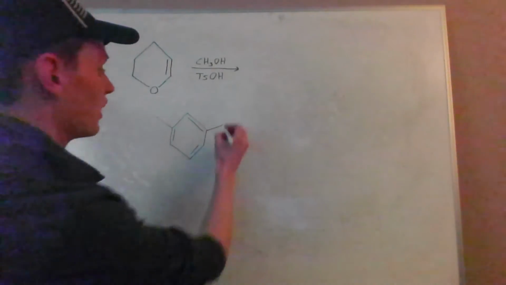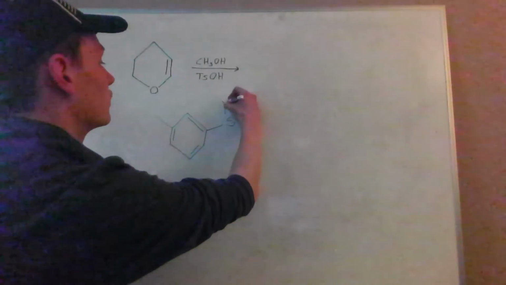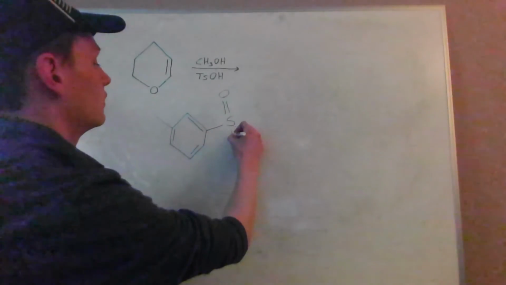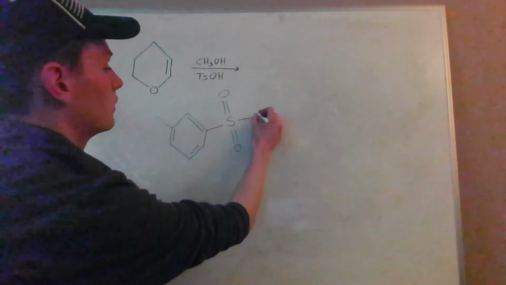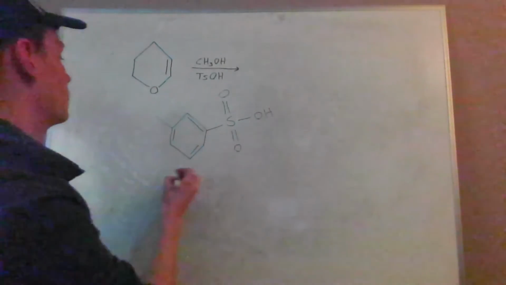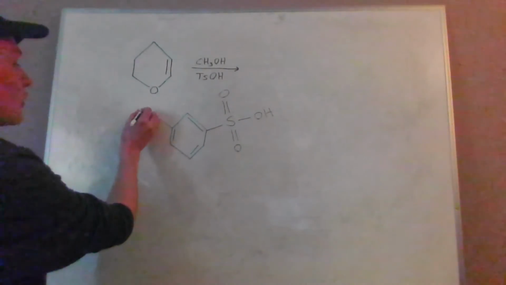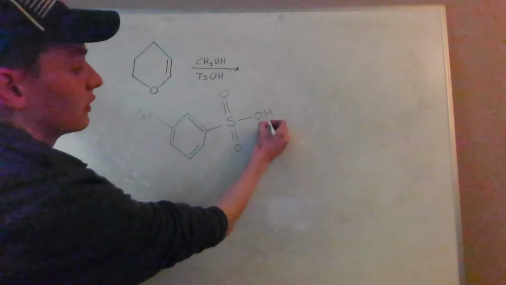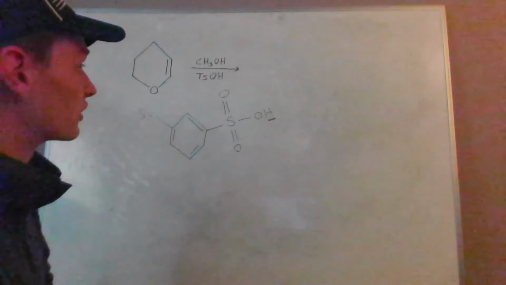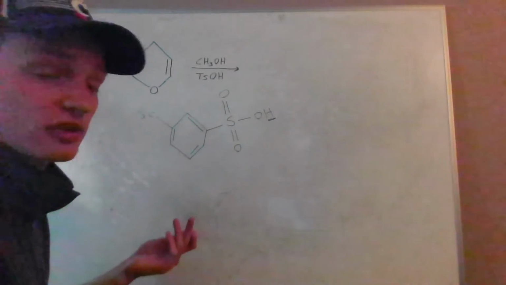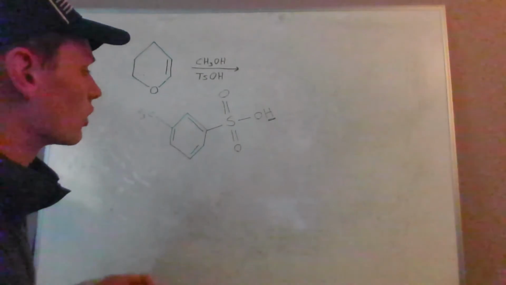And then the sulfonic acid part is going to have something like this. So your acidic proton, right, is here. Okay. And hopefully that just gives you some context to this reaction that we're about to perform.